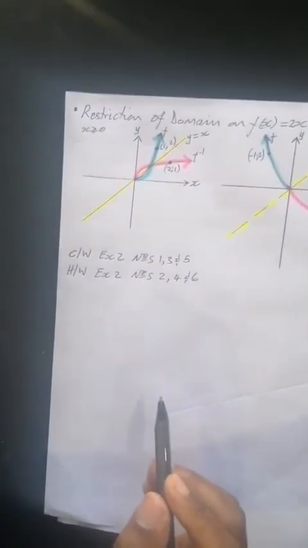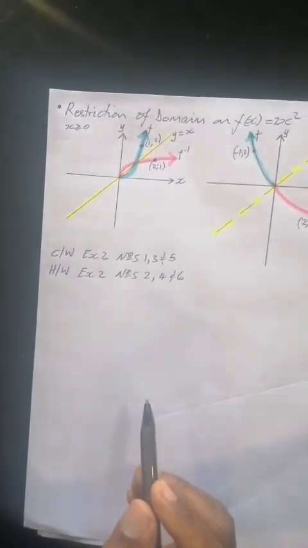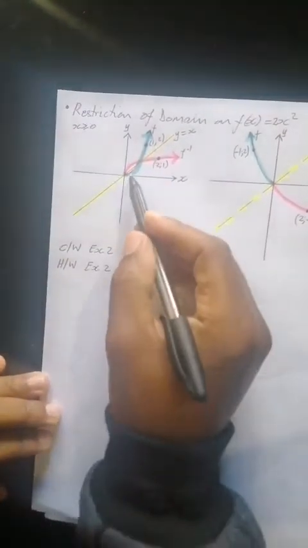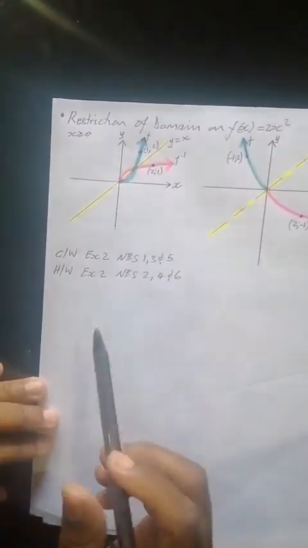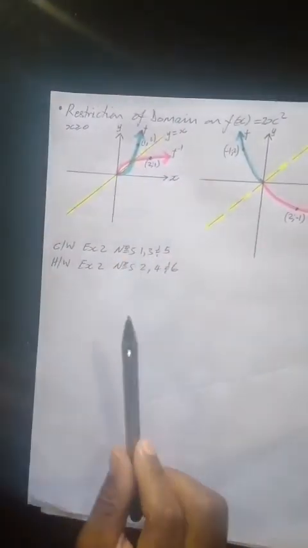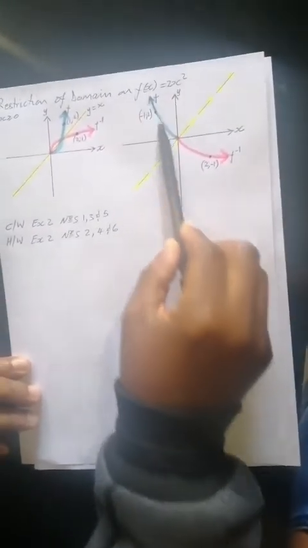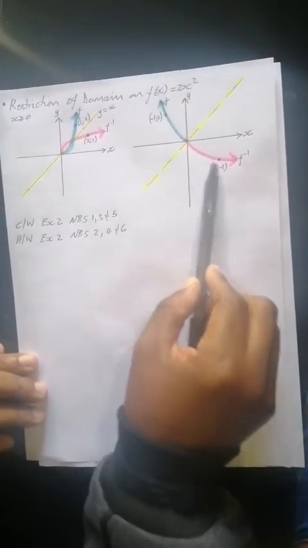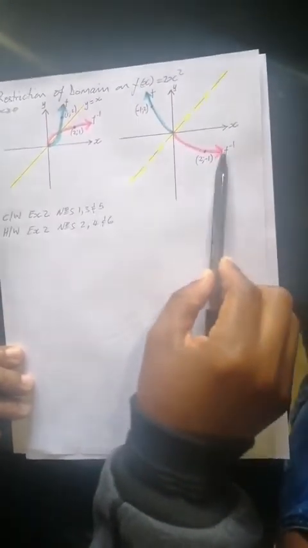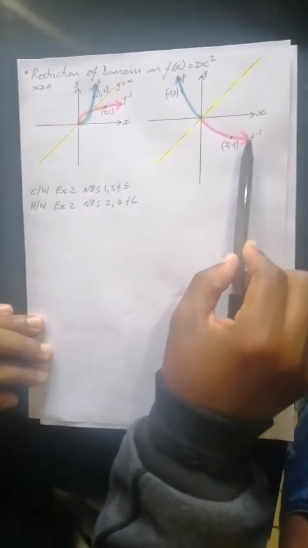Now the red graph now is a function. It is the inverse of the blue graph, but it is also a function because it passes the vertical line test. If you draw any line, it will only cut once. The same applies to this part, which we have also explained. It is reflected here, and this now is also a function.